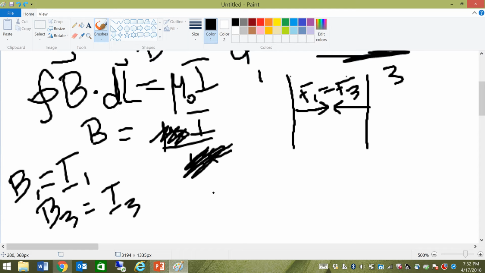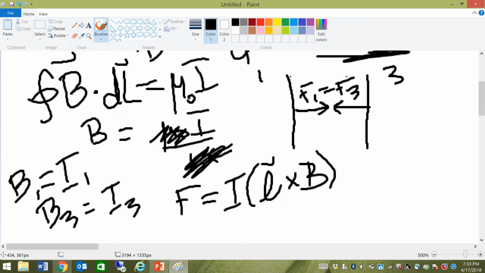Let me just really quick go over why we want the magnetic fields to be equivalent to each other. That's because we learned that the force is equal to I L cross B, or if we're just taking it at a single point, Q V B sine theta.